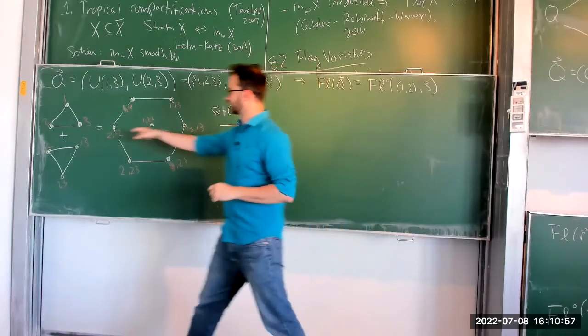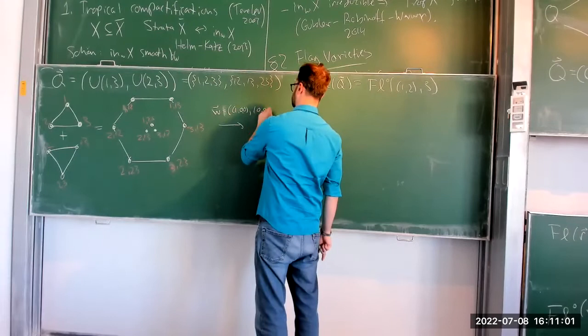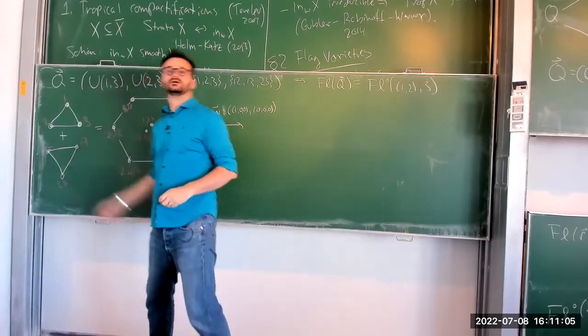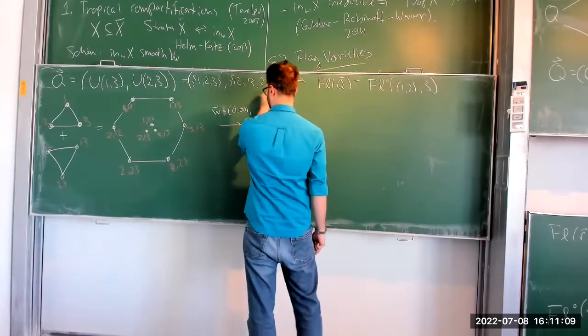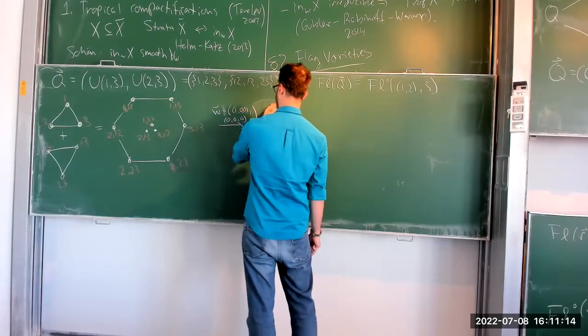We need coordinates for each of the coordinates here. And then just 0, 0, 0 for the lifting down here. I'm going to write this in 2 lines. There we go.